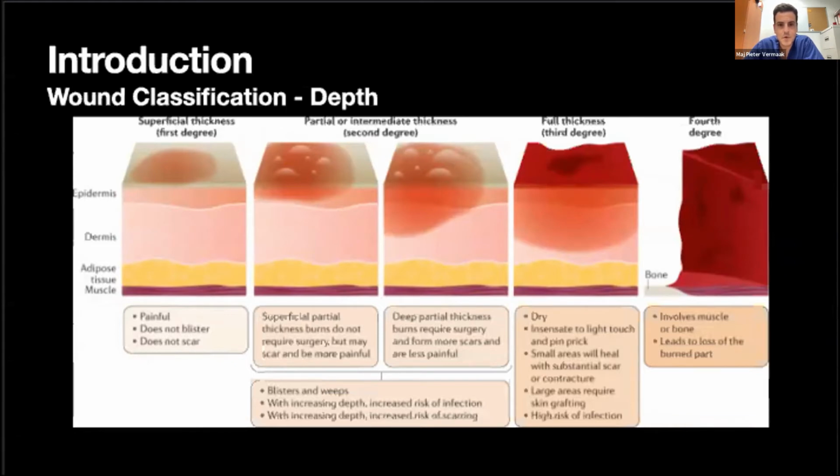This is probably more important in terms of burns and burn wounds, because it might slightly change the way that we manage them. And then lastly, full thickness. And so that's when you've gone through the full thickness of the epidermis and the dermis. So the key area is the dermis. Is it involved? If it is involved, is part of it involved, or is all of it involved? And that's how you classify it into your superficial, partial thickness, or full thickness.